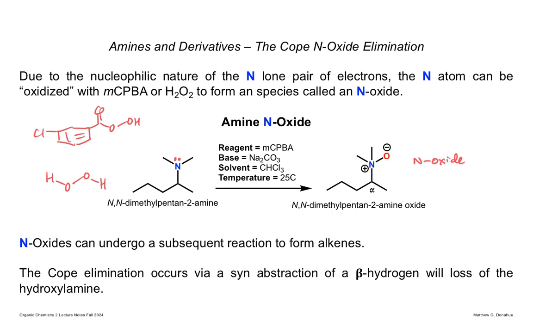What that's going to do is an elimination of a beta hydrogen. So here's our alpha carbon. We have 2 beta carbons, each bearing hydrogen. What's going to happen is an abstraction, an elimination, and then the loss of that nitrogen group.